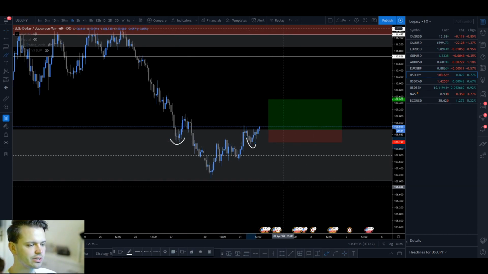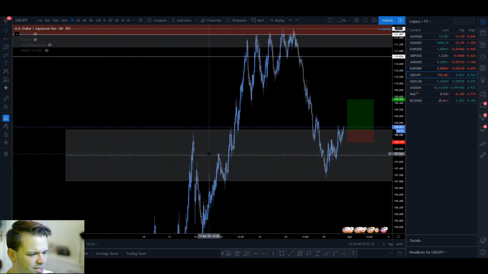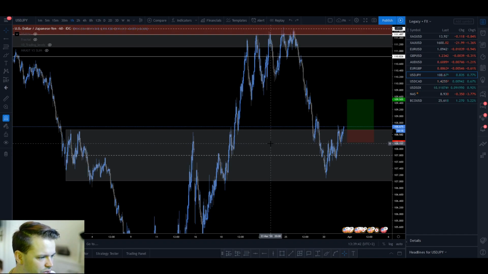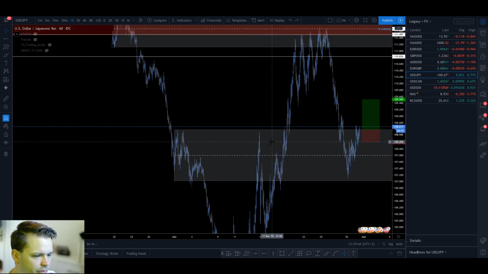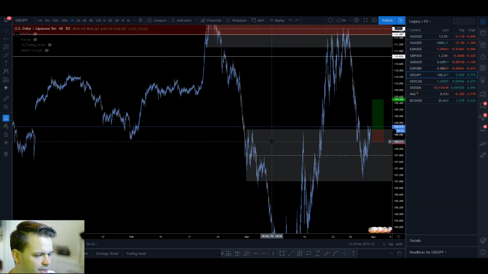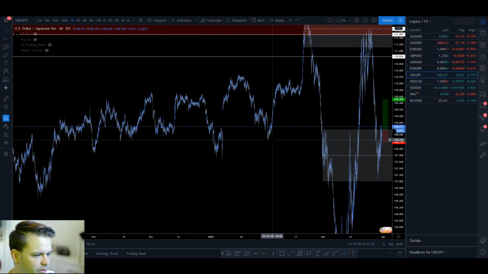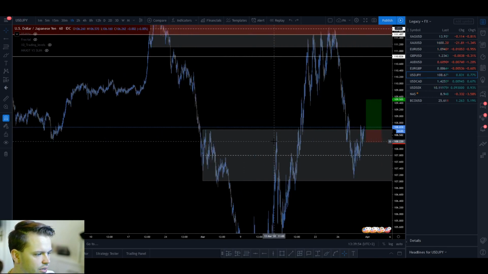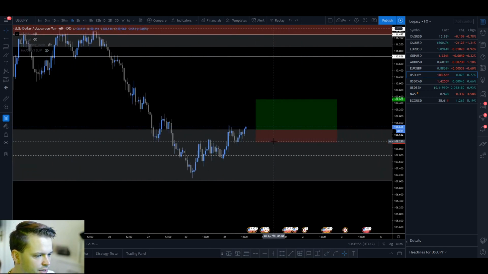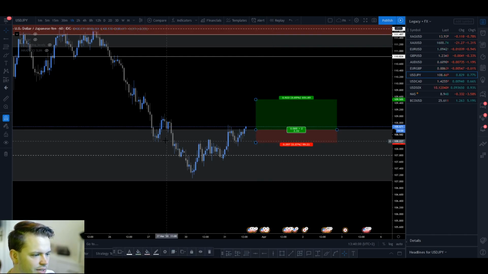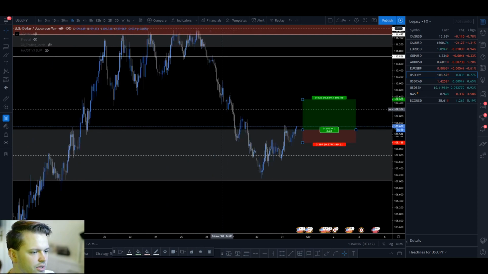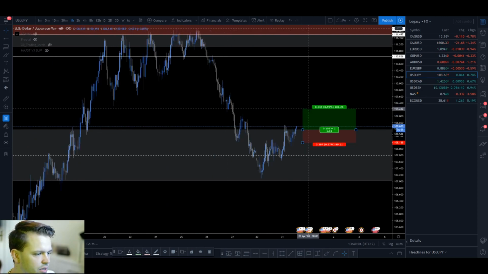I like to use the most recent price action, and also try to not only look at the most recent price action, but also the historic price action levels, right? So we're definitely seeing something here, so let's use that one and see if we can get a trade going here.